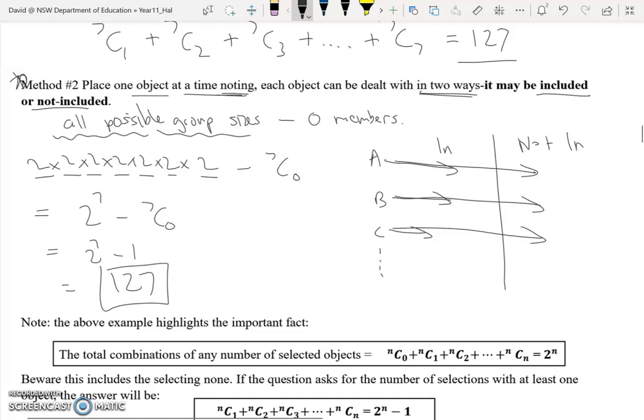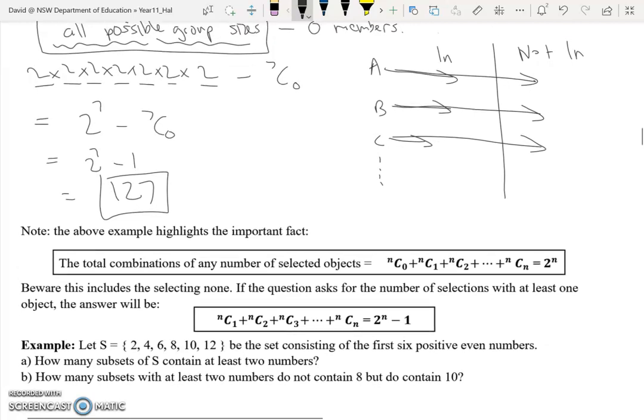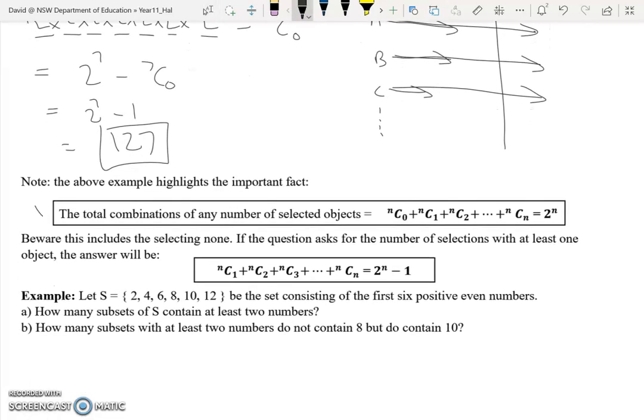Okay. What's interesting is that the above example gives us a way to calculate all combinations for any number of selected objects. So the total number of combinations for any number of selected objects, which would be NC0 plus NC1 plus NC2, etc., all the way to plus NCN, is always going to be 2 to the power of n, because each of those n objects has 2 options.